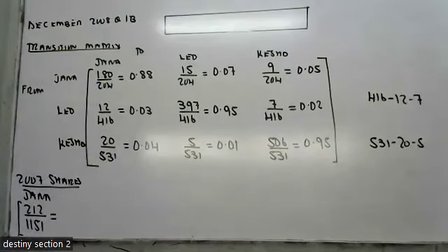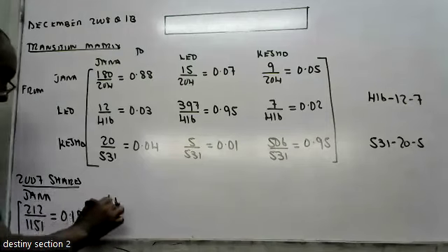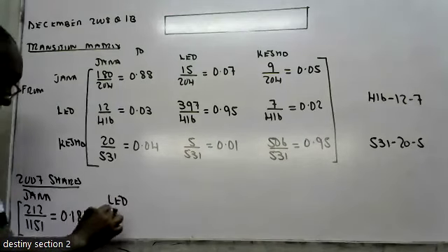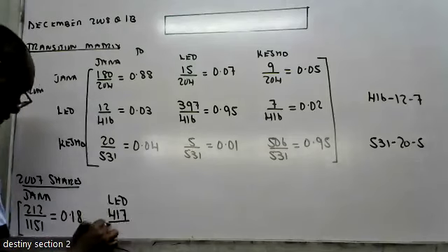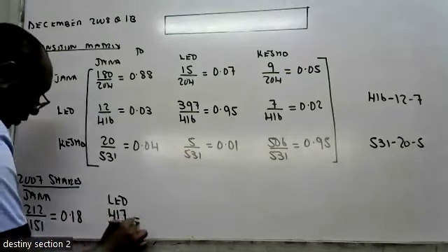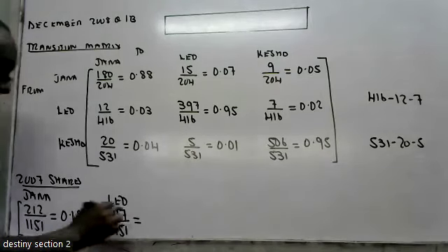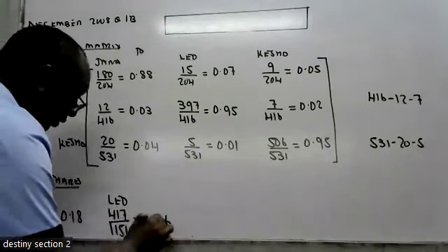So this is 212 divided by 1151. It is giving me 0.18. Then I go to Leo. Leo iko na 417. You divide by 1151. 417 divided by 1151. This is 0.36.